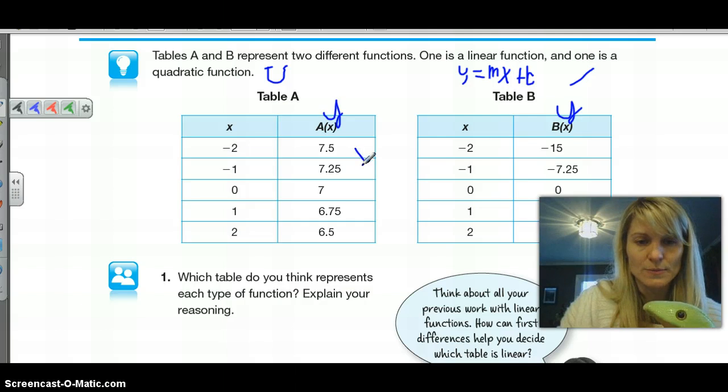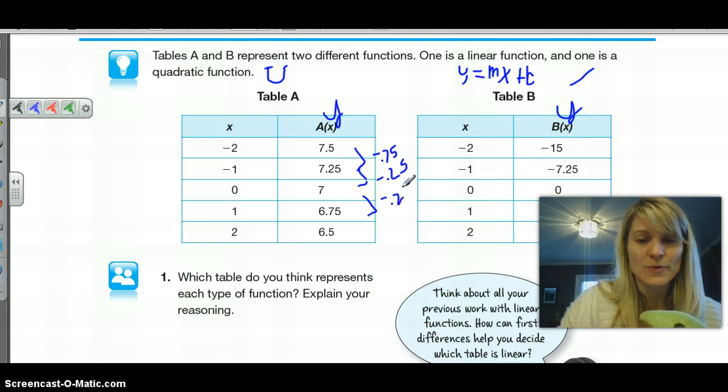So if you look between here and here, it decreases by 0.25. Okay, and then if we look from here to here, again, it decreases again by a negative 0.25. And then we find the same thing here. Again, it's decreasing by negative 0.25.